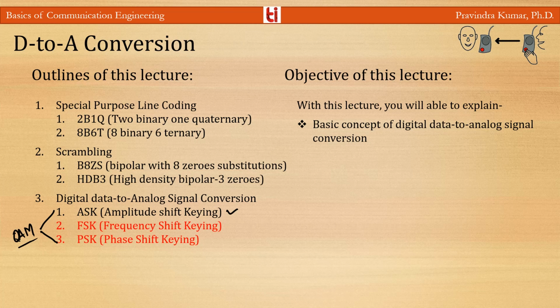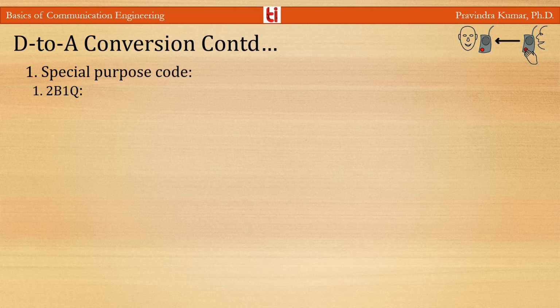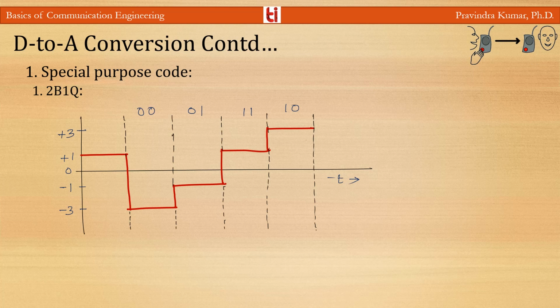In the objective of this lecture, you will be able to explain the basic concept of digital data to analog signal conversion. First of all, we will discuss a special purpose code, 2B1Q, 2 binary, 1 quaternary. This is another type of coding.